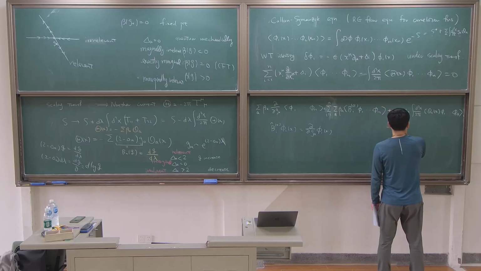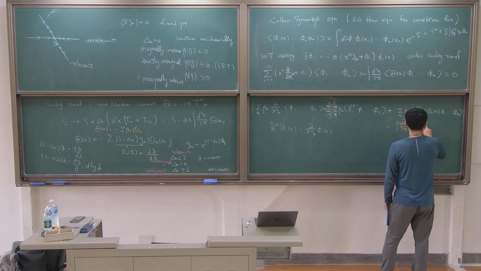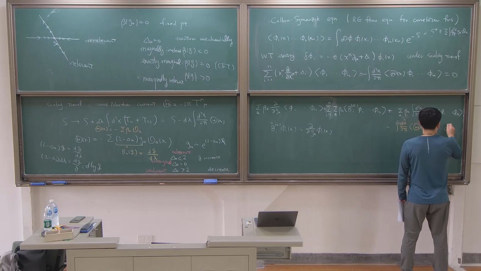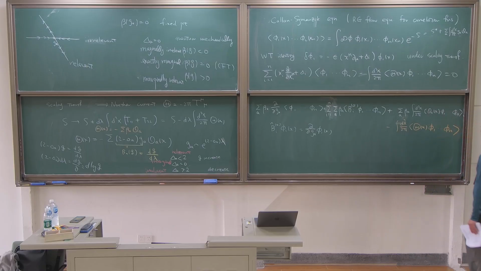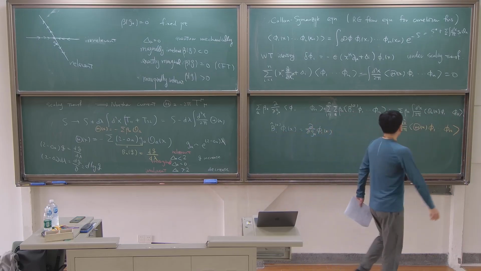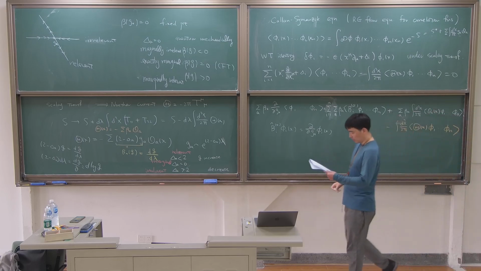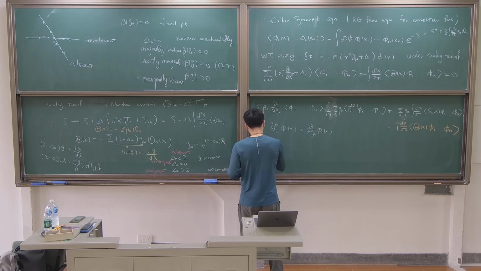This part can be written as follows, by using this relation. Now we can compare between these two to get rid of theta of x.